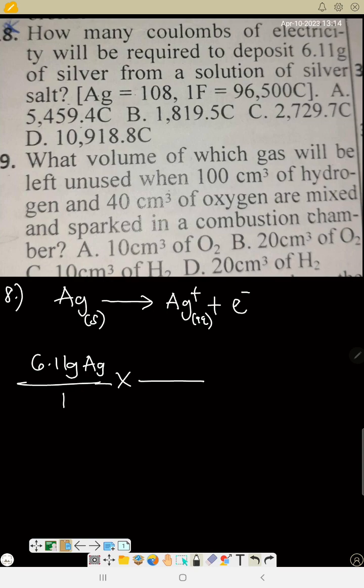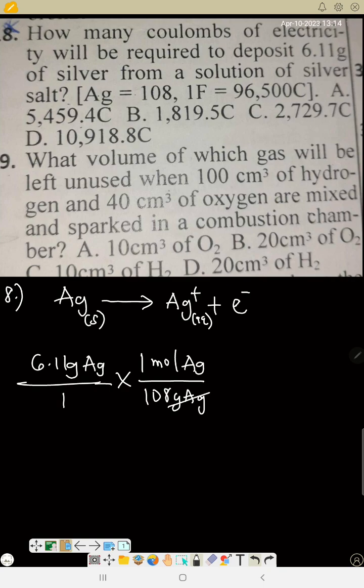Now, how can I remove this gram of silver? Because I'm going from gram of silver to coulomb, I need to remove this gram of silver. So 1 mole of silver is 108 gram of silver.